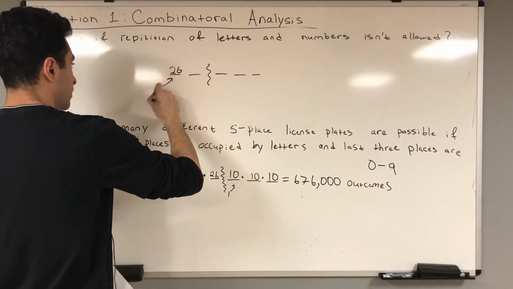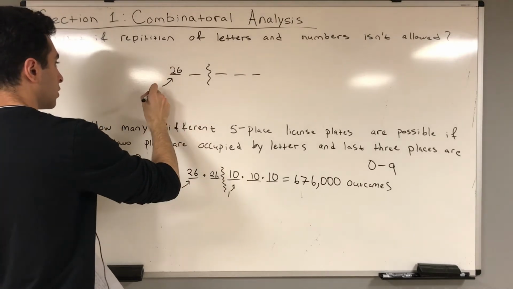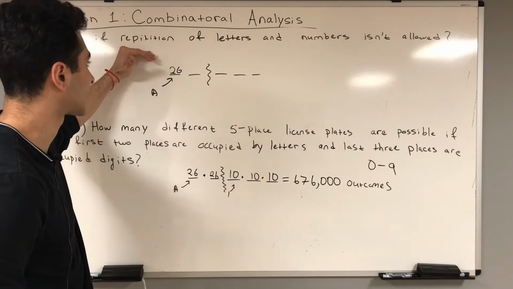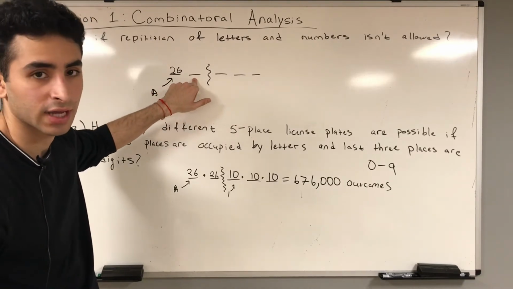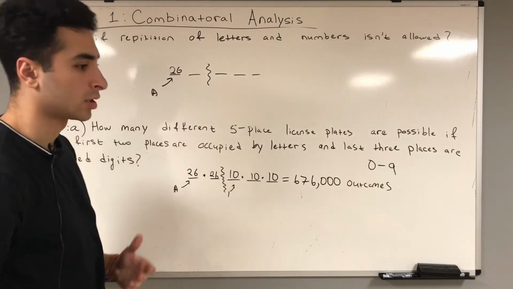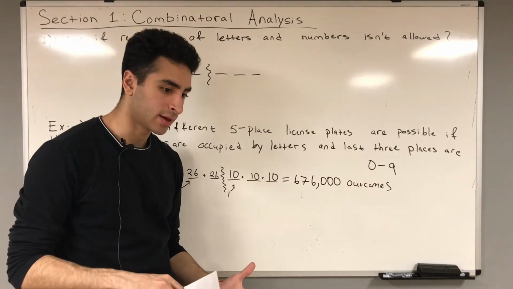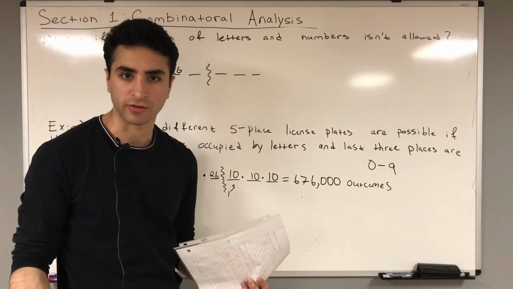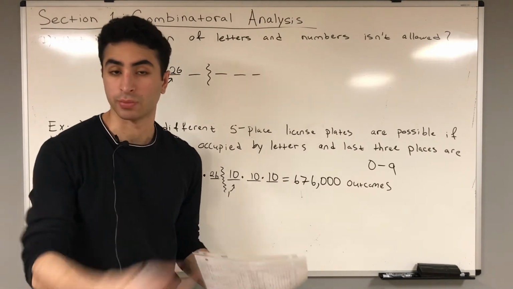And let's say I chose A. So in this example, part B says I cannot take A here. It's illegal. If I can't have an A, that means I only have 25 letters from the English alphabet to choose from, because you minus the A out.